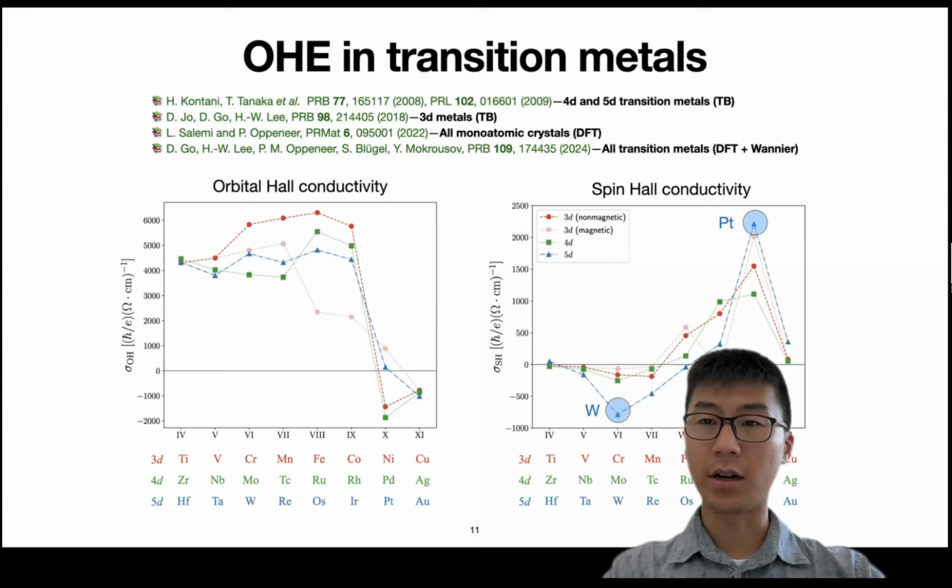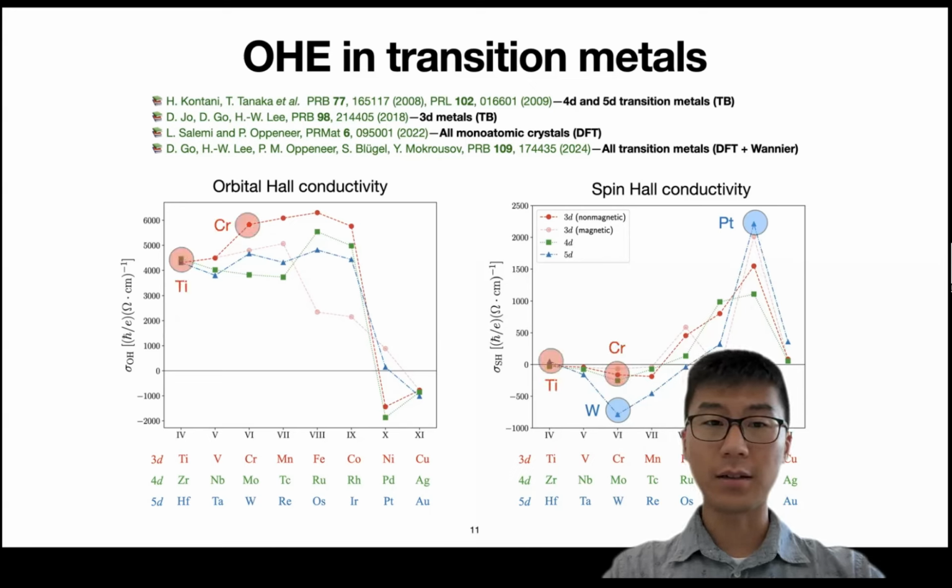And the spin Hall conductivity is large mostly for some of the outstanding metals for spin-orbit coupling. We know already, tungsten, platinum. That's why people have focused on tungsten and platinum for quite a lot in the past due to their large spin Hall effect.